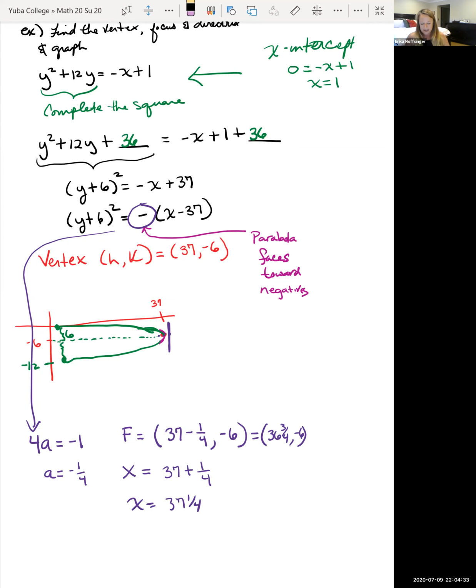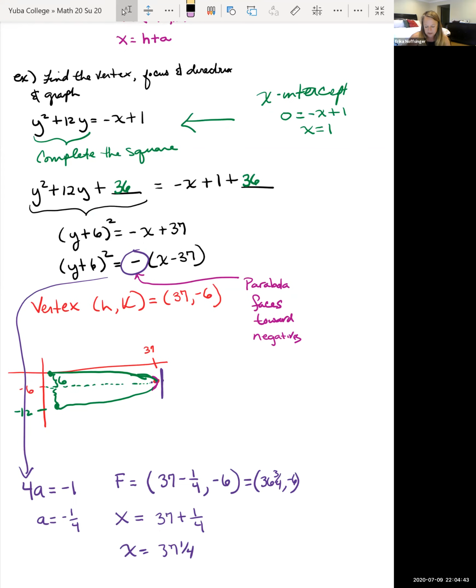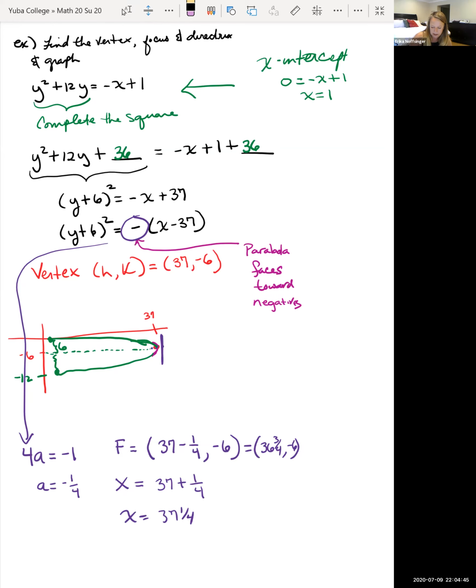To find the y-intercept, we're going to let x equal 0. We have two different forms. If we use this form right here and we let x equal 0, then we can use our square root method.